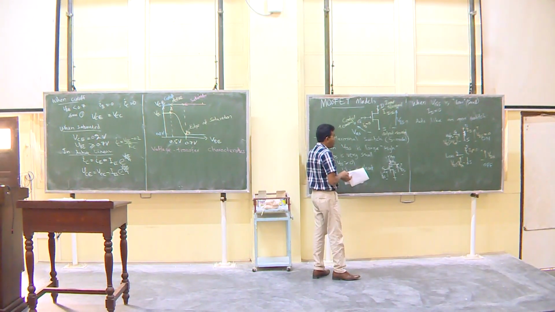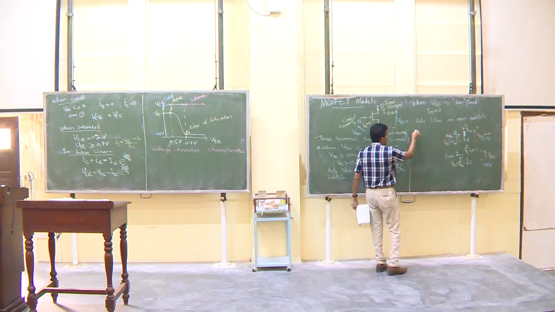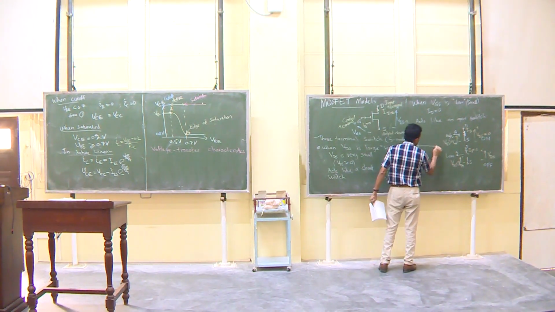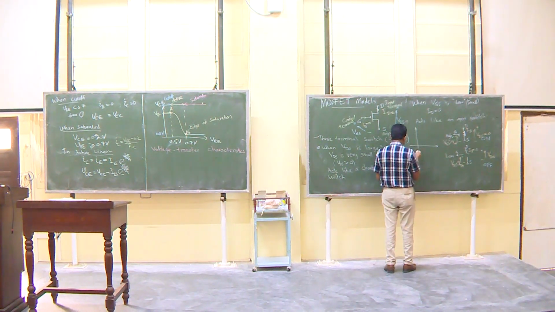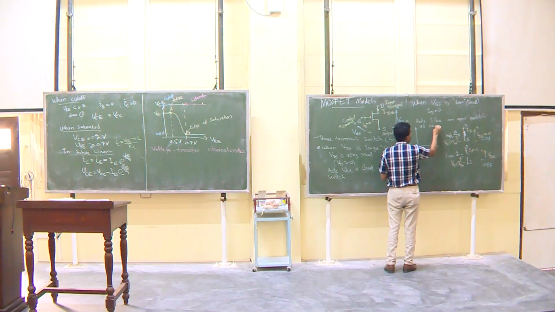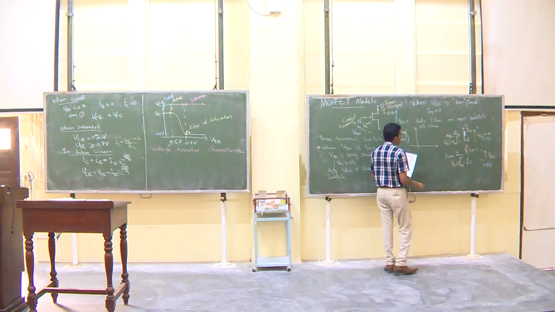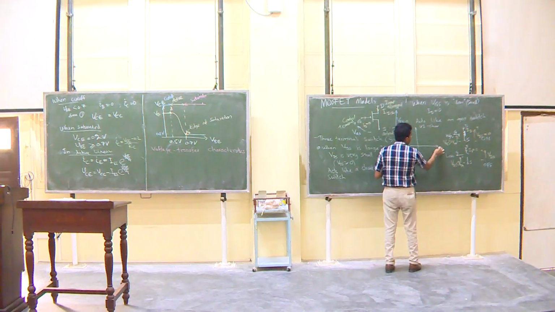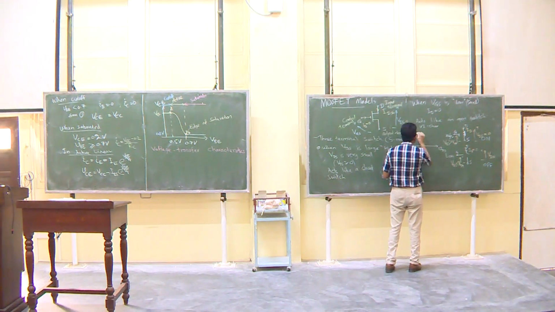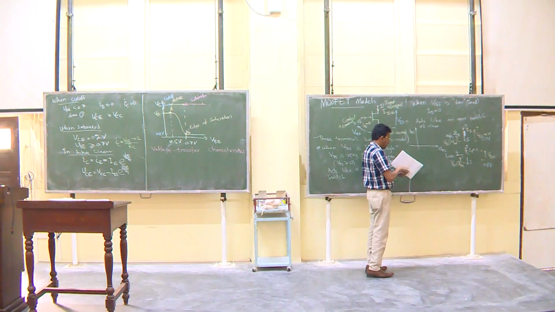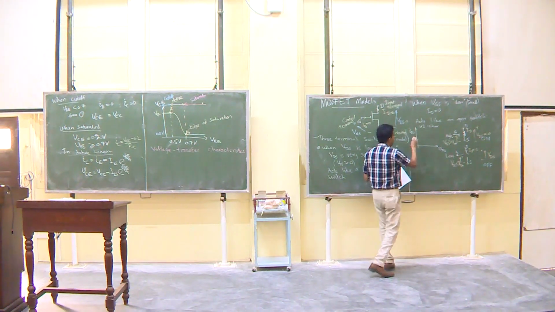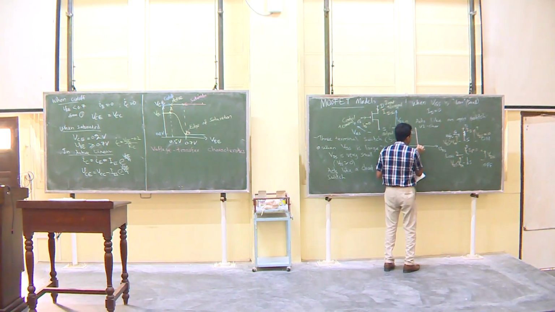So, if you draw the characteristics, IV characteristics, VI characteristics, then it will have piecewise linear characteristics like this.